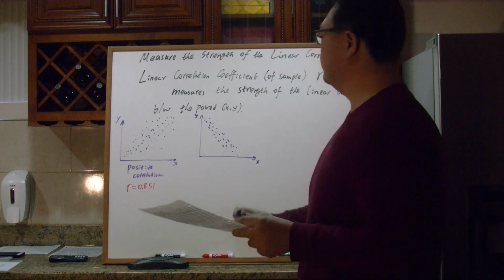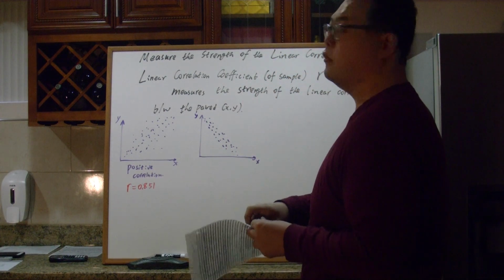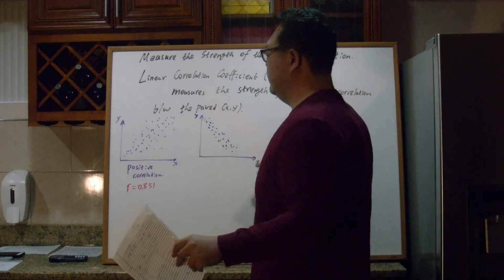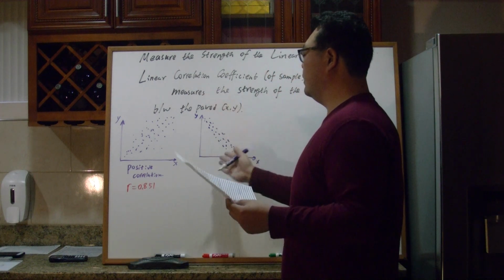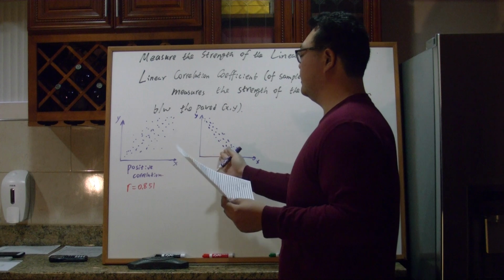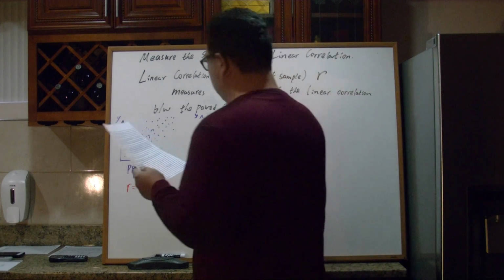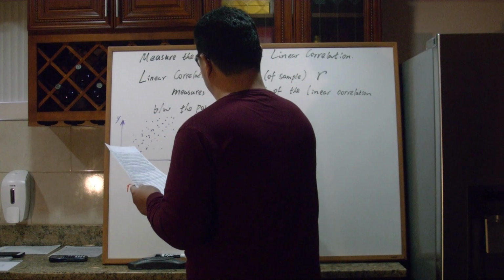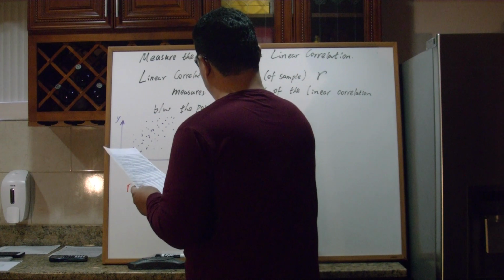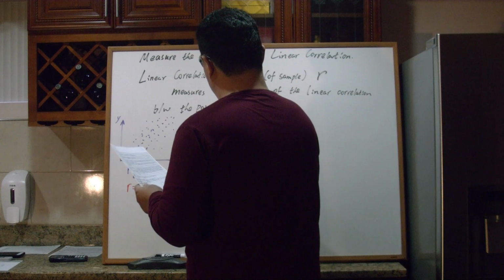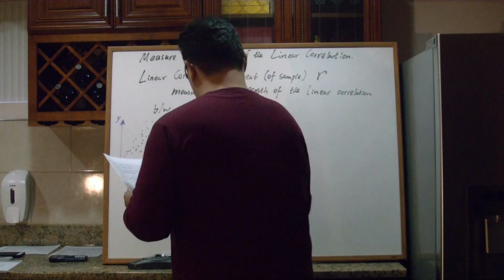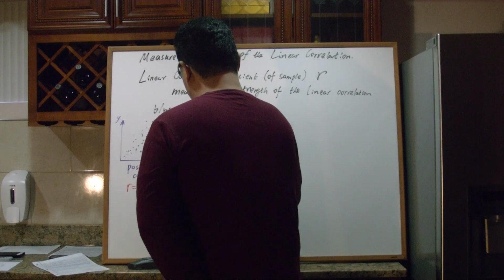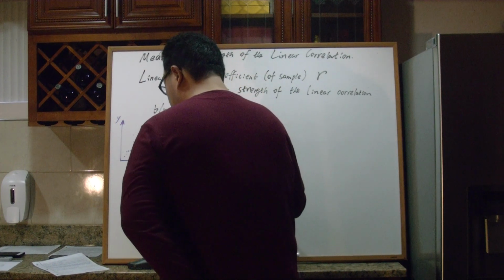Then the next pattern. This pattern is closer than the first graph we saw. We can see a line going downwards, which means if x is getting bigger, y is getting lower, so we get a negative correlation. And in terms of r, that is negative 0.965.